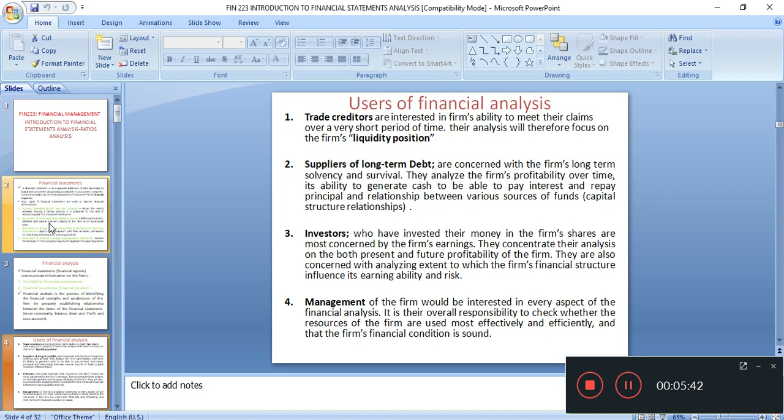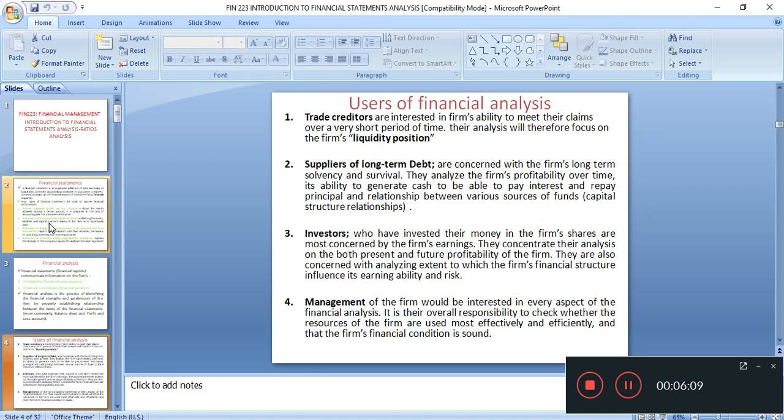Investors who have invested their money in the firm's shares are concerned mostly with the firm's earnings. They want to know if the firm is making a profit in order to get their dividends if they buy shares. The management of the firm would be interested in every aspect of financial analysis.